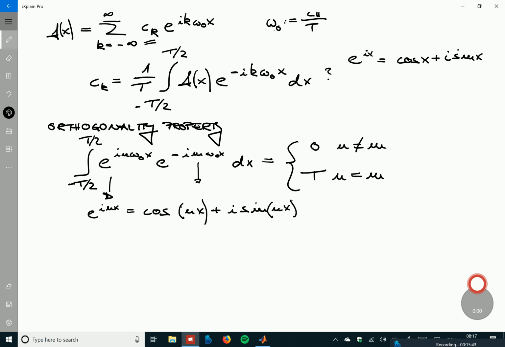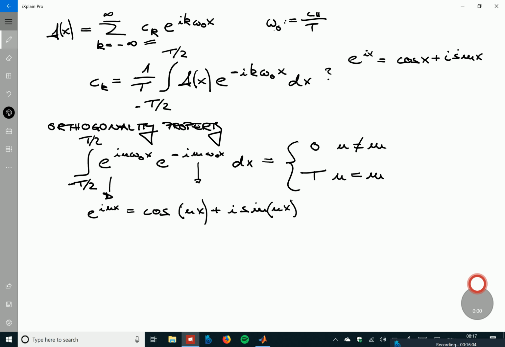If you multiply things, you multiply cos nx times cos mx and so on, so you write out these things in terms of the cosine and the sine, and then form all the multiples.